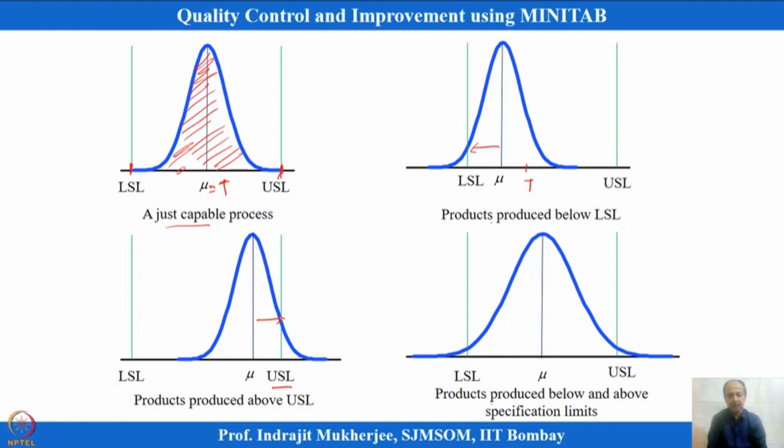So, I am moving to one end of the customer given specification. This is known as upper specification limit, and this is known as lower specification limit, which the designer defines. This is different from the upper control limit and lower control limit. Control limits are defined by the process variability and process centering, the process mean, and this is defined by the designer over here, USL and LSL.